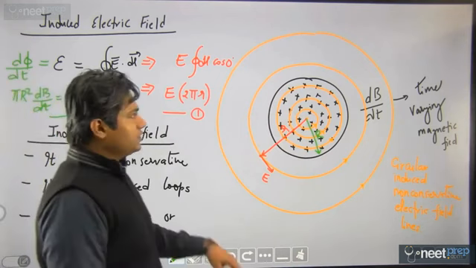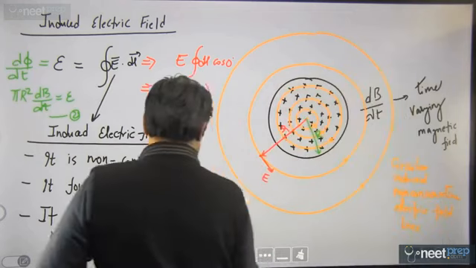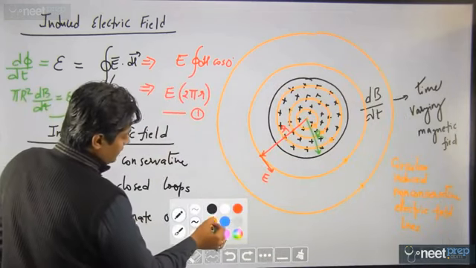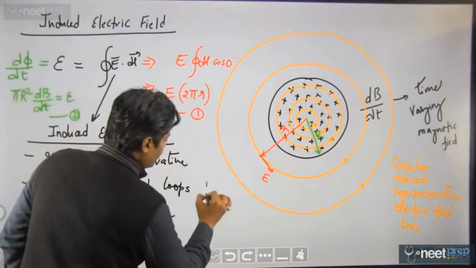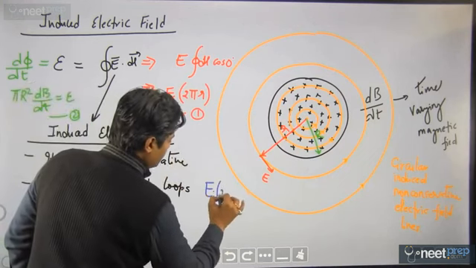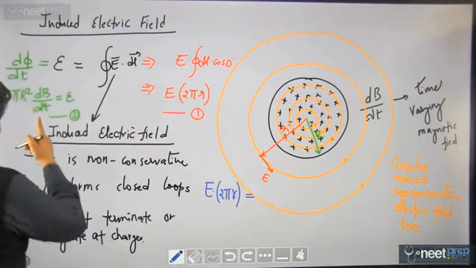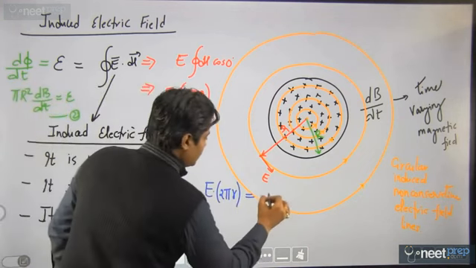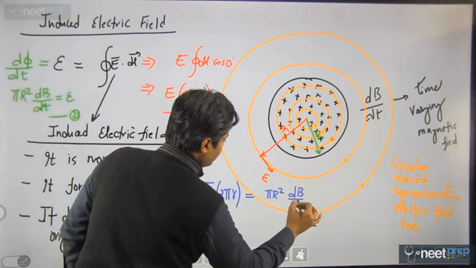If we equate these two equations, E into 2 pi r will be equal to pi R square times dB by dt. Just manipulation.